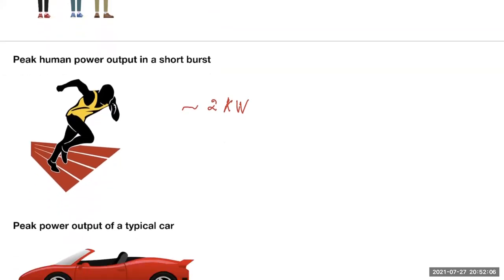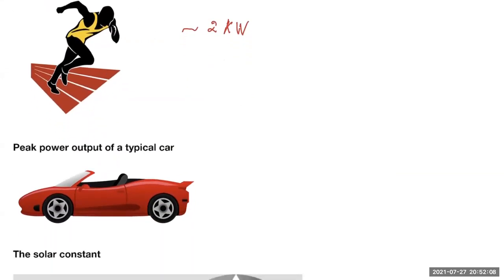What is the peak power output of a typical car? Well, for typical cars we use horsepower, right? Like 100 horsepower, 200 horsepower. So let's say it's around 150 horsepower for a typical car. Not the fanciest one, but still not terrible. 150 horsepower.